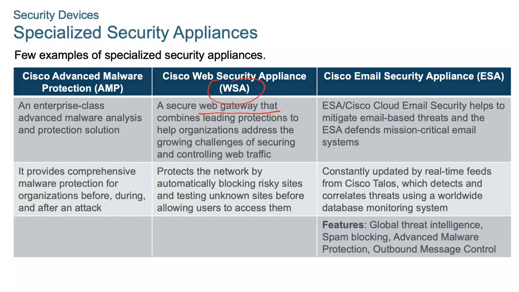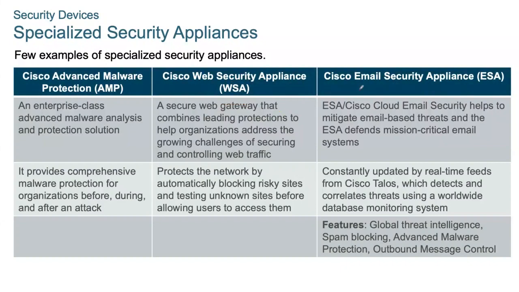While the WSA protects the network from malware intrusion, it does not protect users who connect to the internet directly outside of your protected network, such as public Wi-Fi services or hotspots.